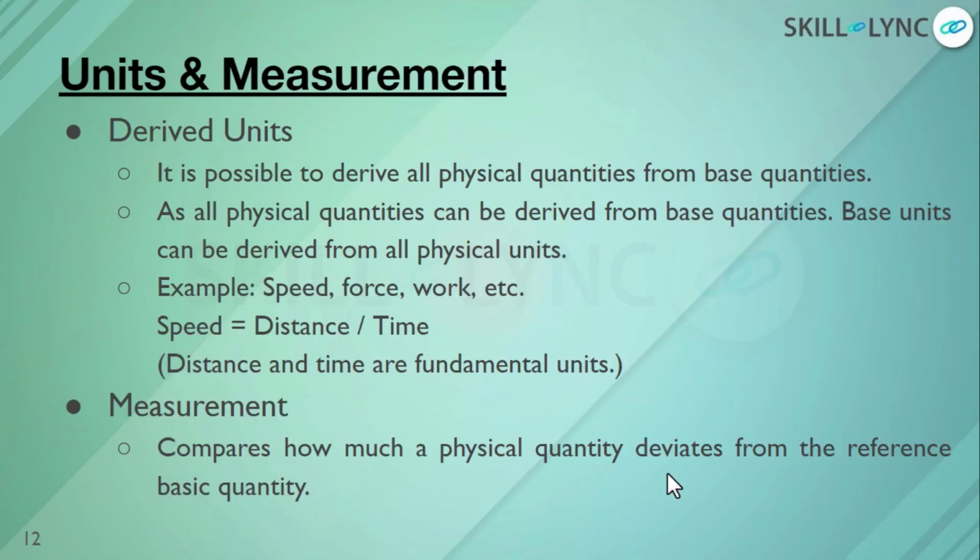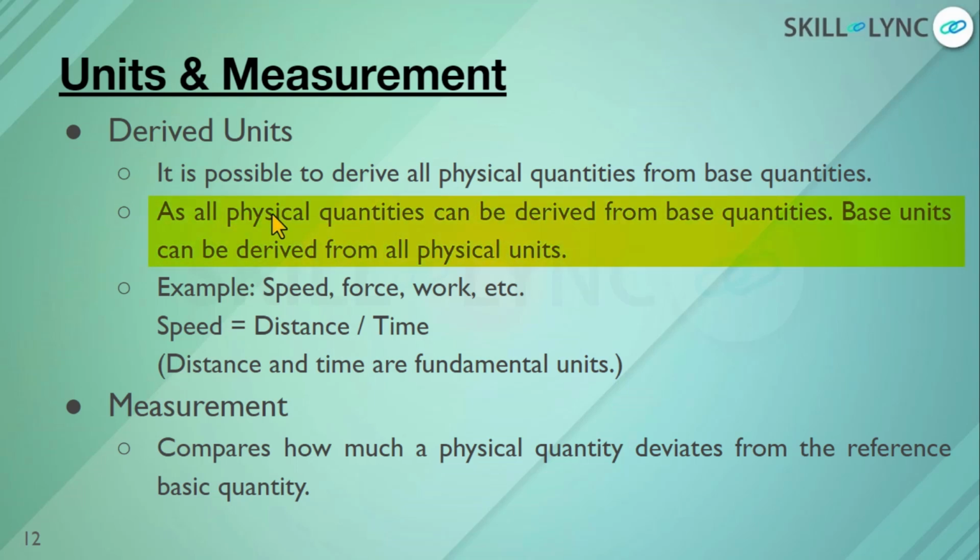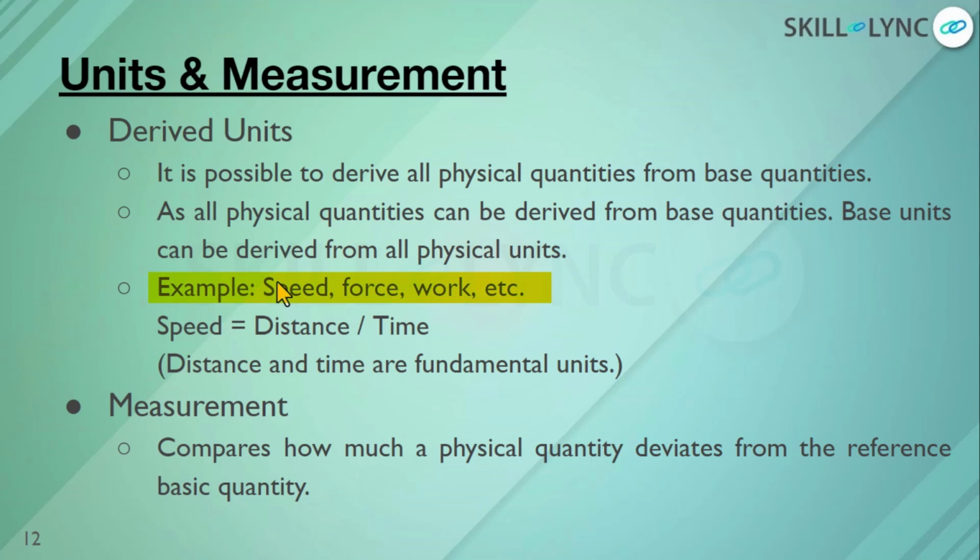Next slide. The second kind of units that we have studied is derived units. It is possible to derive all the physical quantities from base quantities or fundamental quantities. Examples: speed, force, work, etc. How can we say that speed is derived?